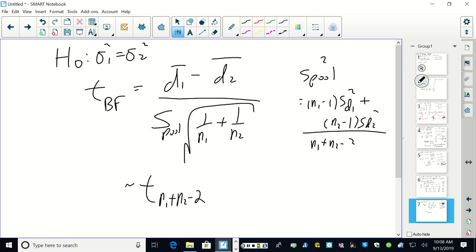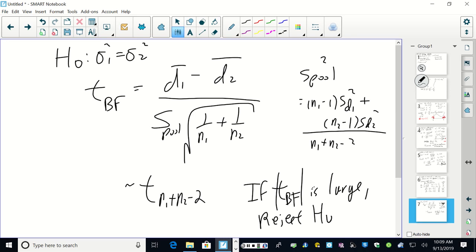So if we end up with a t statistic that's much different, bigger than 2 or less than -2, approximately, if the absolute value of our statistic is large, then we're going to reject this null hypothesis that the variances are equal.